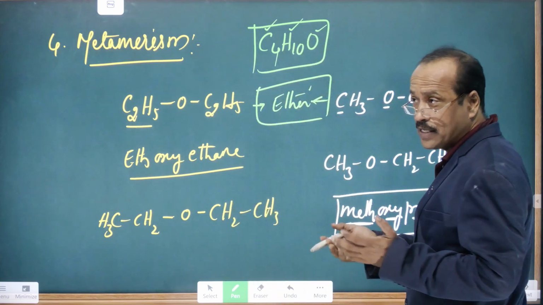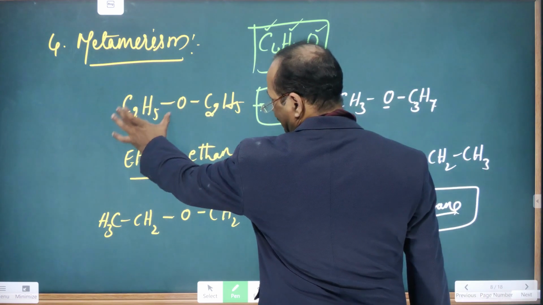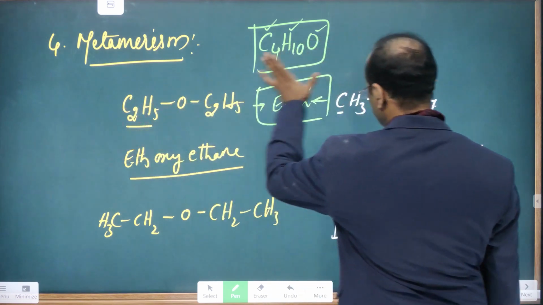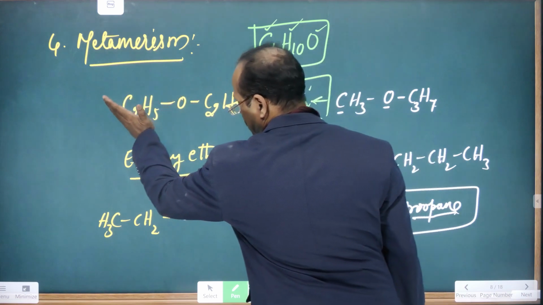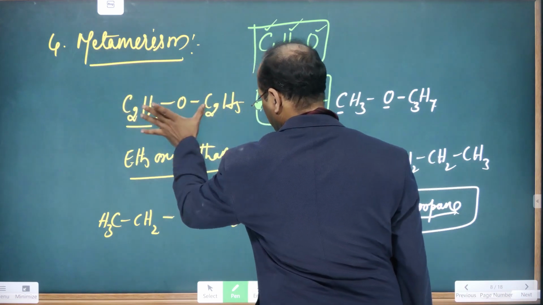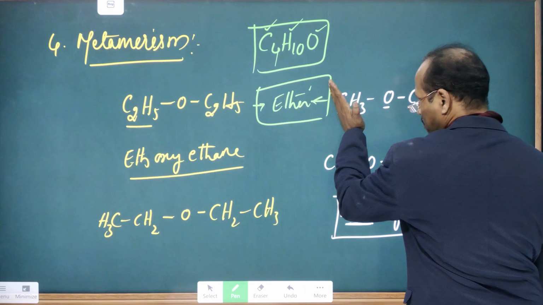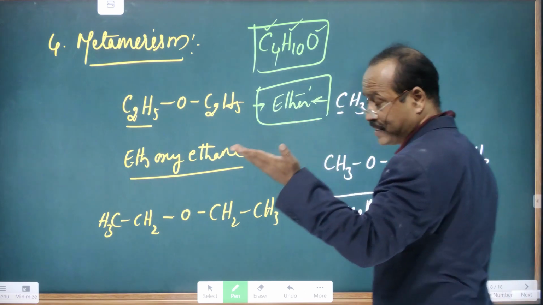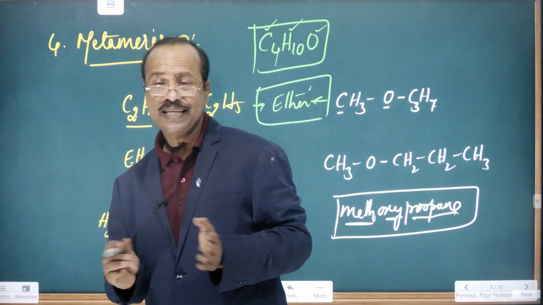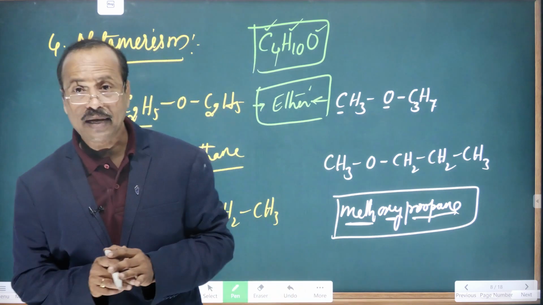Then where is the difference? The difference is in the alkyl group which is attached. Here on the left side ethyl is there, on the right side ethyl is there. But here on the left side methyl is there, on the right side propyl is there. So this difference is called metamerism.